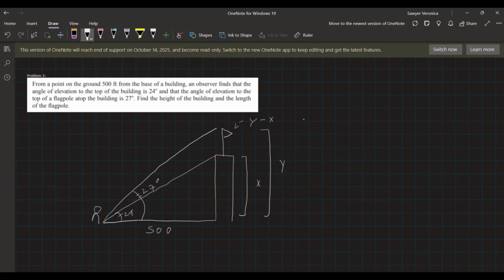So how do we start? We can split this into two right triangles. This one and the other one.